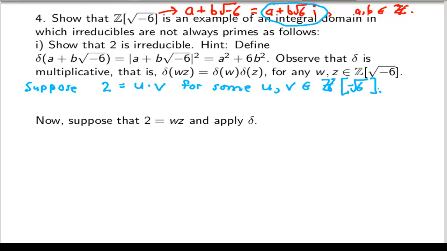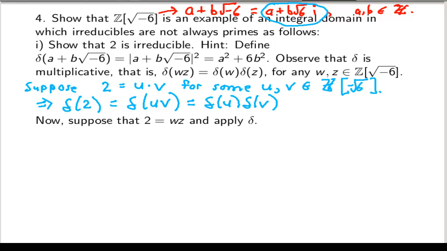Take the delta function of both sides, use the multiplicative property, and we get delta of u times delta of v is delta of 2. Okay, well, what is delta of 2? Delta of 2 is 2 plus 0 times the square root of negative 6, so its delta value is 2 squared.